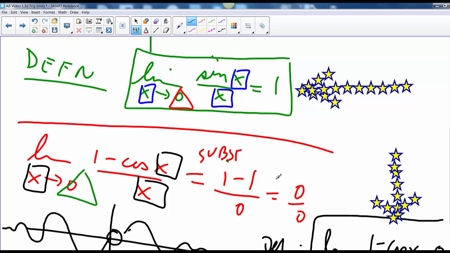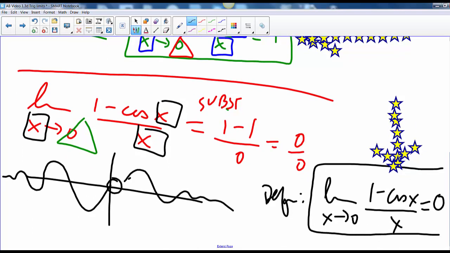The cosine of 0 is 1, and we would end up with 0 over 0. So, again, we looked at it graphically, and it appears that as x approaches 0 from the right and from the left, it approaches 0. So we have the limit as x approaches 0 of 1 minus cos x over x equals 0.